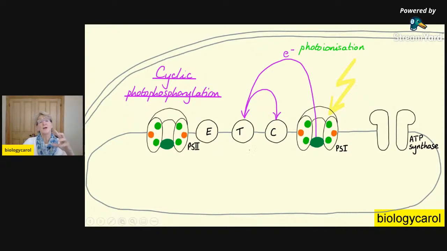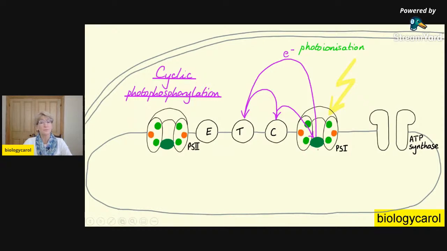But here, the electron is excited, it leaves the chlorophyll molecule, but it goes down part of the electron transport chain. I have actually drawn this accurately. It goes to the middle protein. The electron goes to the middle protein and then drops down the electron transport chain back to the chlorophyll molecule that it came from.